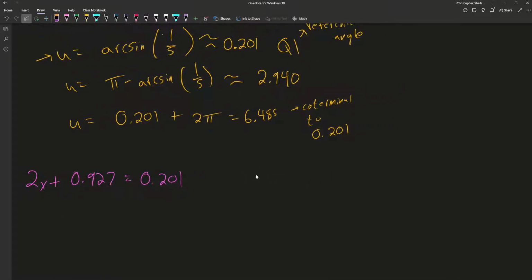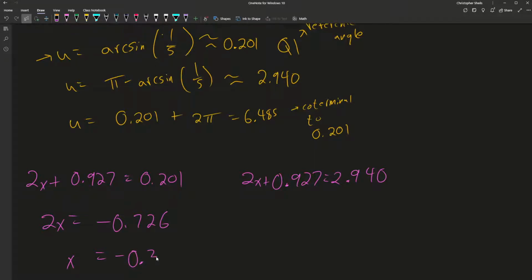I also have 2x plus 0.927 equals 2.940. We'll go ahead and solve these two. Subtracting 0.927 from both sides, we get negative 0.726. Dividing both sides by 2, we get x is equal to negative 0.363. So this is not one of our solutions. We wanted two positive solutions according to the problem statement.